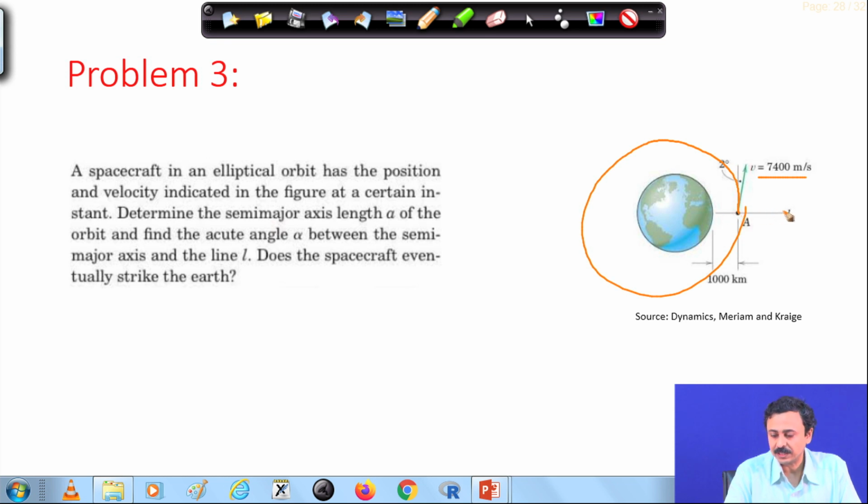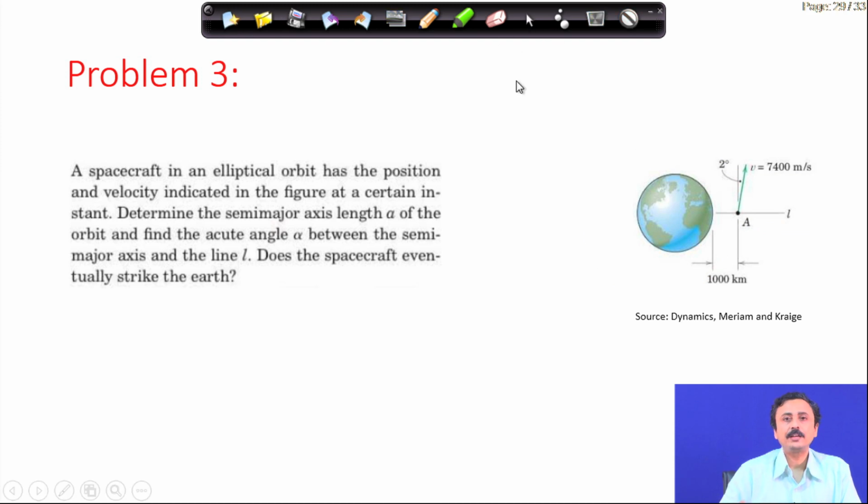Now, this vertical is defined in terms of this line L, and this point A is 1000 kilometers above the surface of the earth.